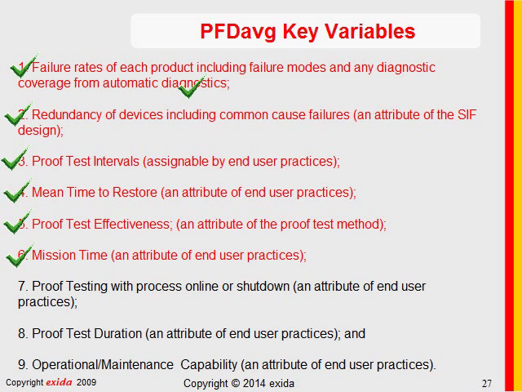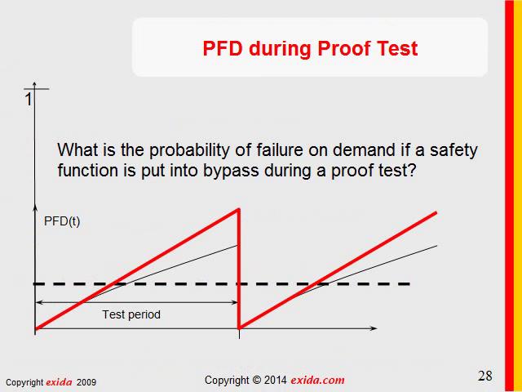Now, remember that question I asked you at the beginning. What happens when you put a safety function on bypass? What is your answer? Think about it. If you put a safety function on bypass, that means it will not respond to a demand. And of course, the reason we do that is we often run a proof test by creating an artificial demand, and we don't want a false trip.